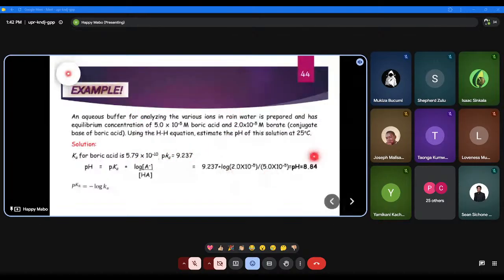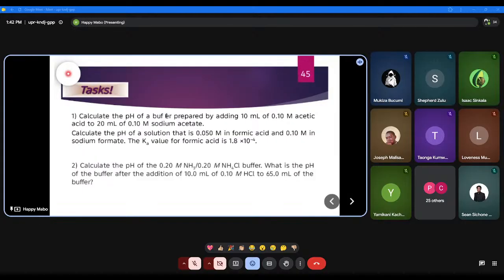So you would have to do all these calculations. Then looking at the pH here, you see that it is beyond 7.0. So the buffer that was used was a basic one. It was a basic buffer. Okay.